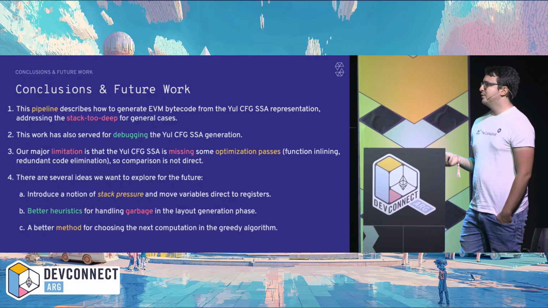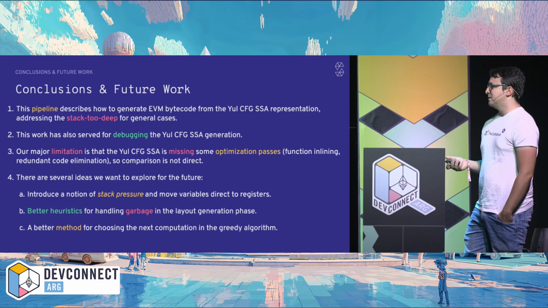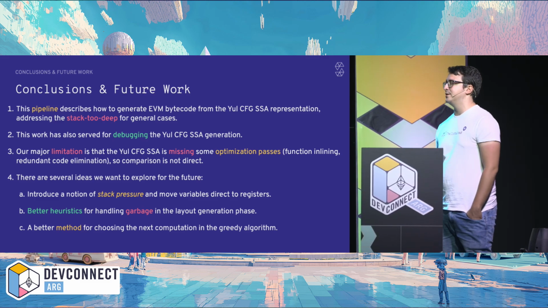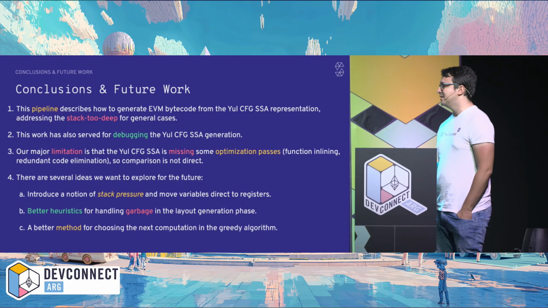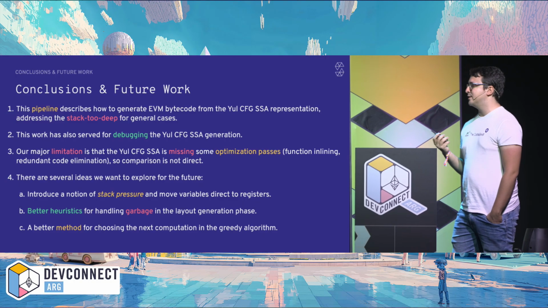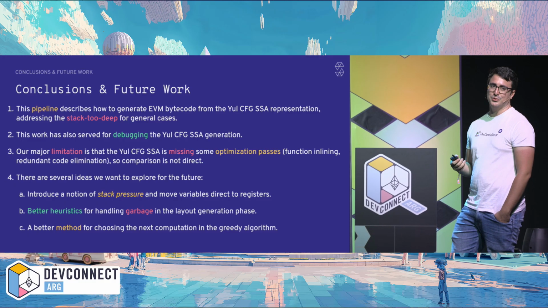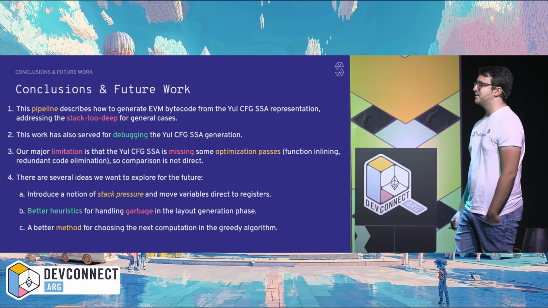We also want to improve the heuristics for handling garbage, because I think this is one of the most crucial parts of generating good bytecode. And finally, we are also exploring better ways to do the greedy algorithm, and in particular, we want to find better ways to choose the order in which we perform these computations.